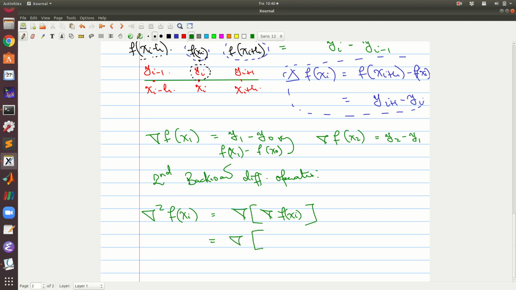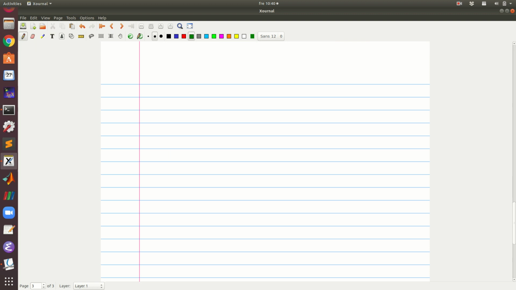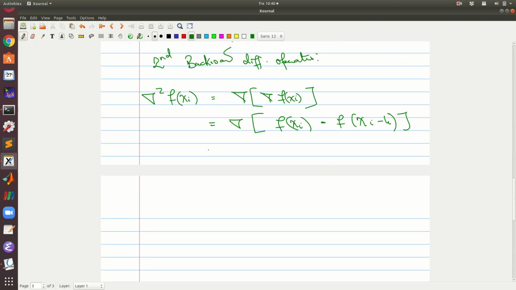So by definition, we know that what is inside the brackets here is given by f of xi minus f of xi minus h. So now we have, this is the backward difference operator at f of xi minus the backward difference operator at f of xi minus h.